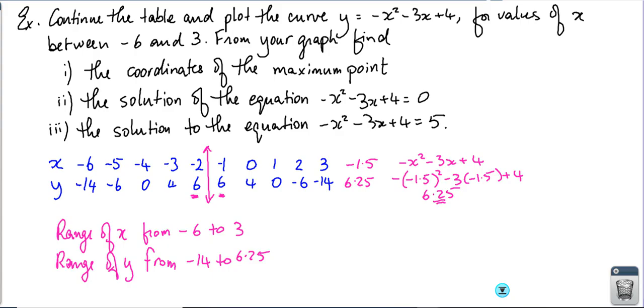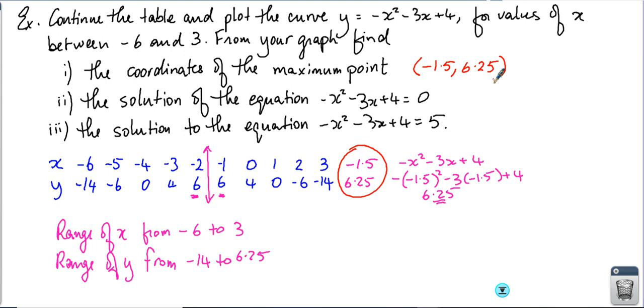So, our question first of all was the coordinates of the maximum point. We have found that coordinate there. Okay, so the answer to the first one is minus 1.5, 6.25. So that's very important. If we don't find that, we can't get that problem correct.